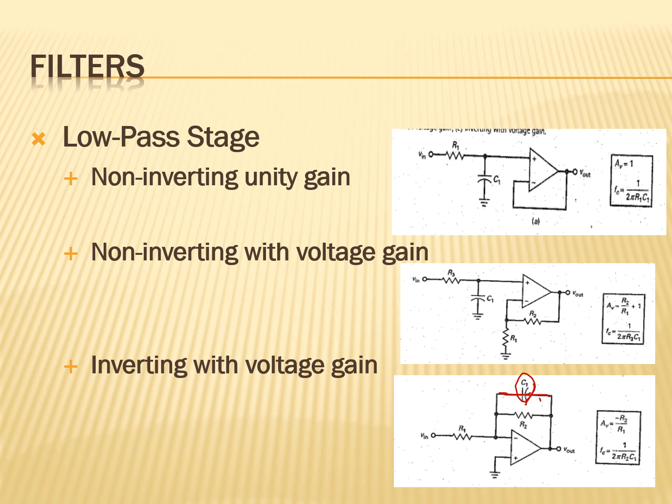If that is shorted, this will be eliminated and you don't have any output for an inverting stage with voltage gain. So these are all the designs for a low pass filter, depending on whether you don't need any gain, need a non-inverting gain, or need an inverting voltage gain.